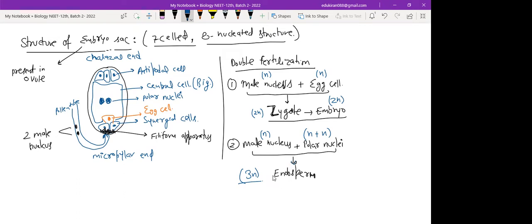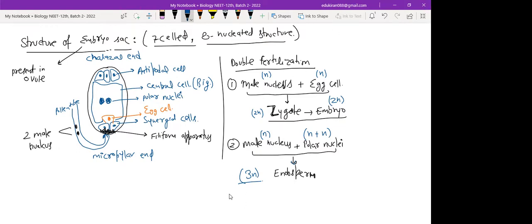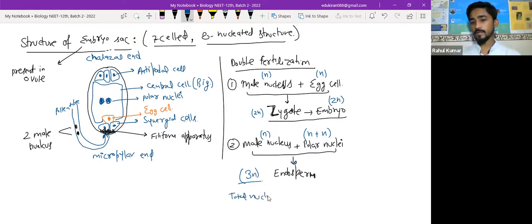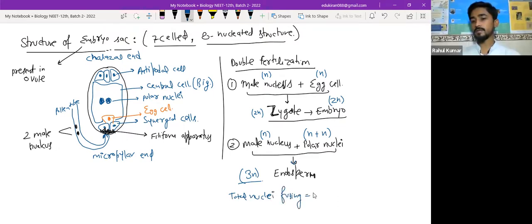What is it? 3n. Triploid. Good. And how is it formed? By the fusion of a male nucleus with 2 polar nuclei. So how many total nuclei are fusing? Total nuclei fusing is equal to 3.